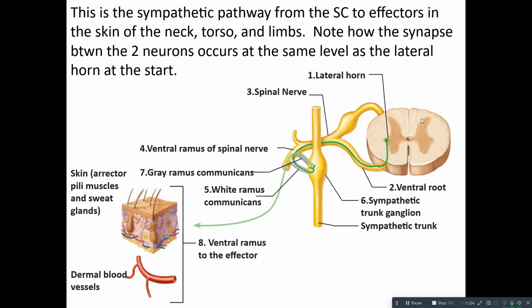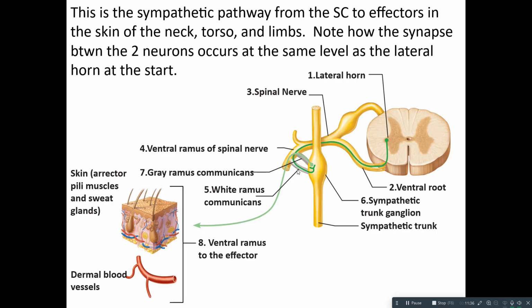So here is one sympathetic pathway. This is how we go from the spinal cord to effectors in the skin of the neck, torso, and limbs. So we're talking blood vessels, sweat glands, and arrector pili. We're starting in the lateral horn. Our preganglionic neuron is going through the ventral root, through the spinal nerve, through the ventral ramus, through a white ramus communicans. Remember, the preganglionic neuron is myelinated.